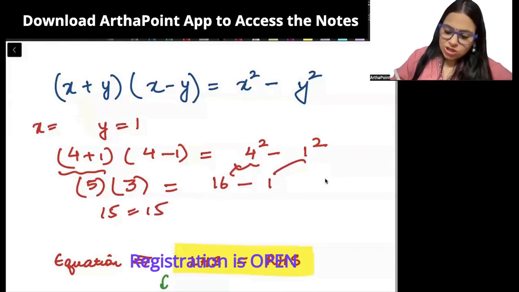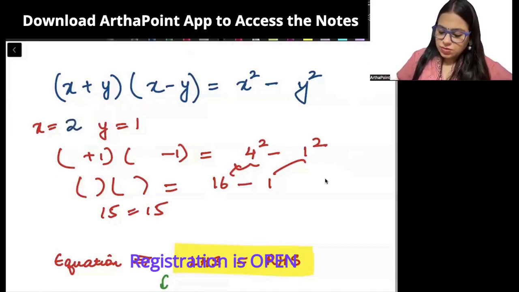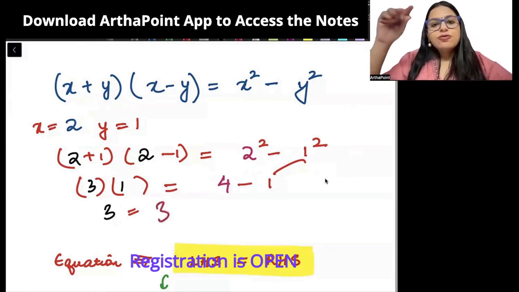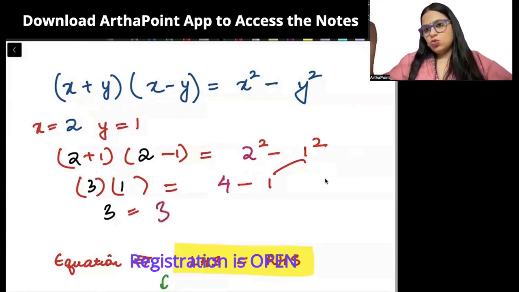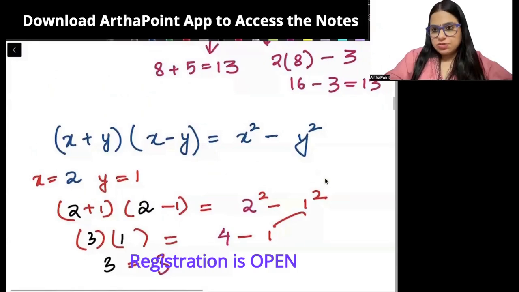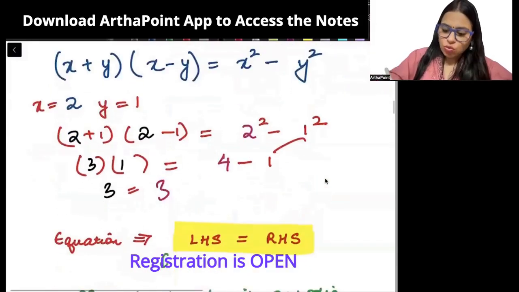अब अगर मैं इसको चेंज भी कर दूं, if I change x to 2, तो यहां पर I will have 2 plus 1, 2 minus 1, 3 into 1, 3, और यहां पर मेरे पास हो जाएगा 2 square, 4 minus 1, 3. तो whatever value of x and y you put, कुछ भी डाल लो x और y में, it will always be true. वो हमेशा ही true होगा.